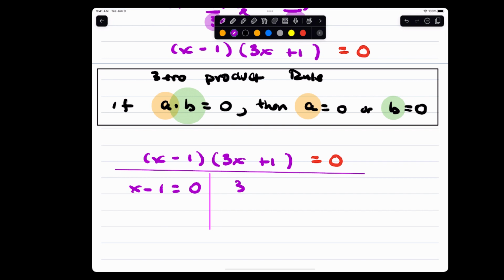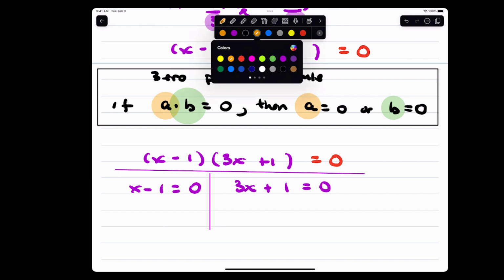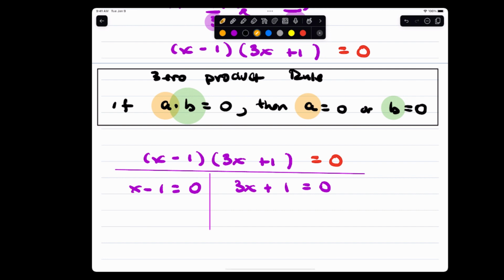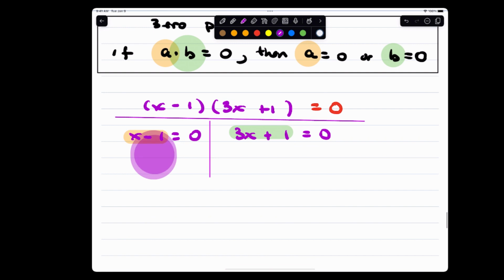X minus 1 is 0. 3x plus 1 is 0. This is my A minus 1, and this is the what? B. So solve these for x, right? So this will be adding 1 to both sides.